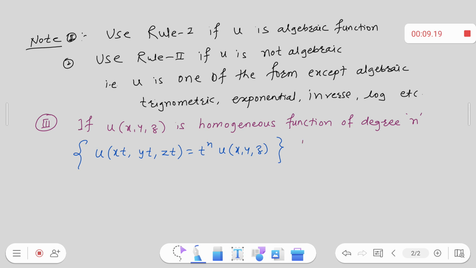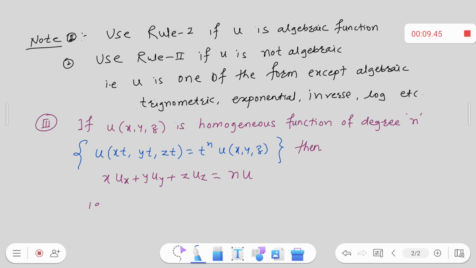Then x ux plus y uy plus z uz is equal to n into u.